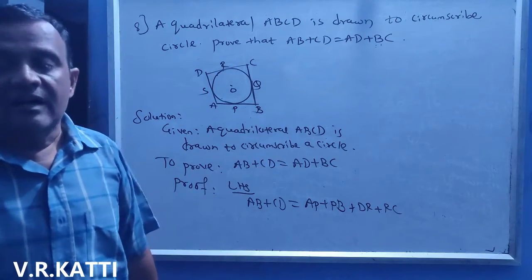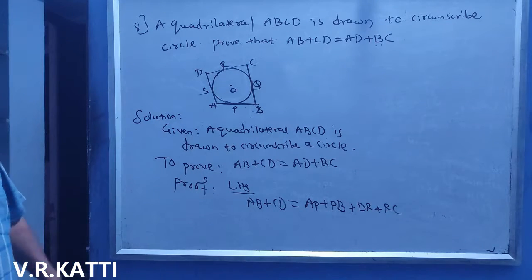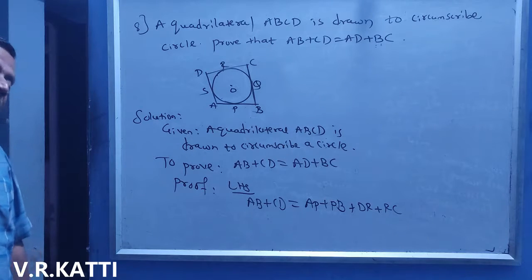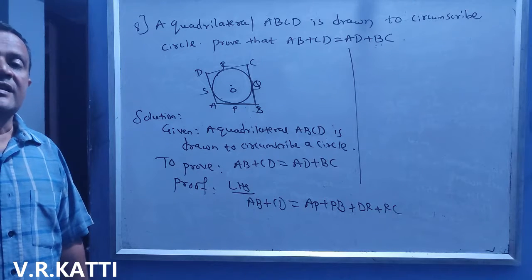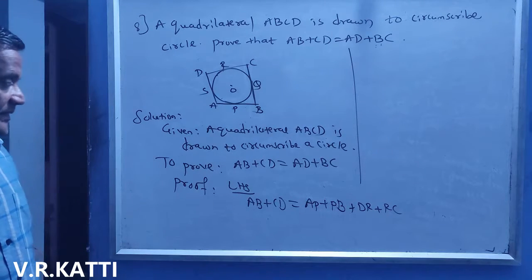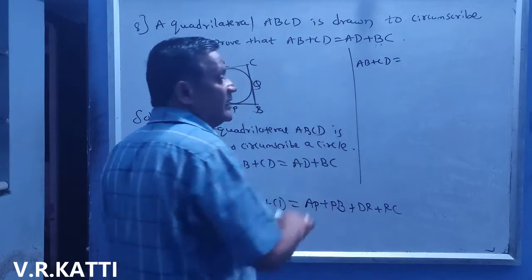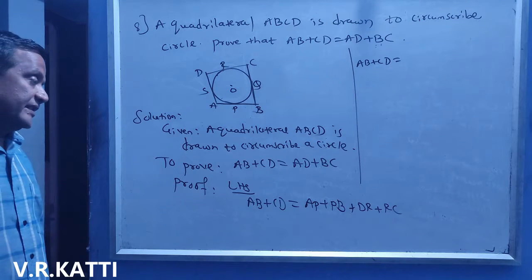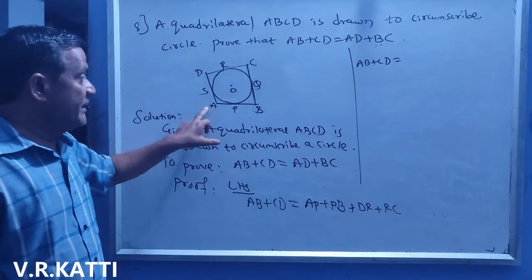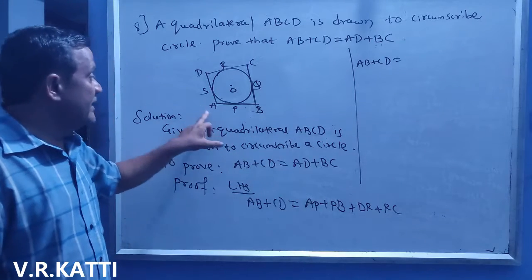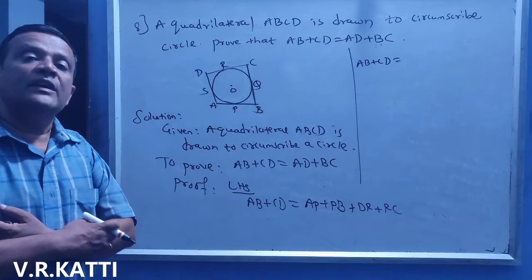Yes. Now, students, use the second theorem of circles, that tangents drawn from an external point are equal. AB plus CD, LHS as it is. What is AP, students? AP equals AS. Tangents from an external point are equal.